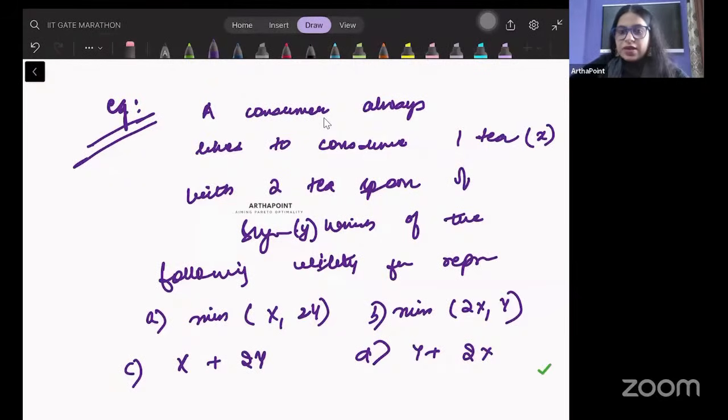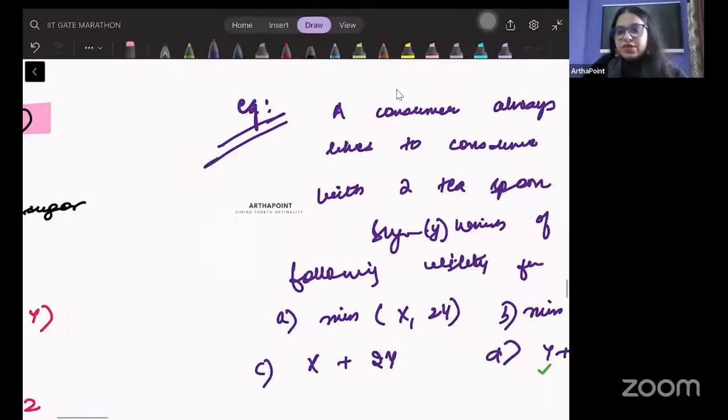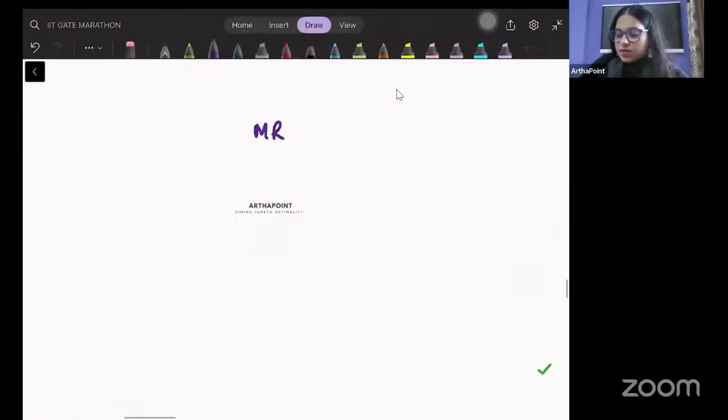Remember, PY will always be less than PX by PY. In whenever your MRS is less than PX by PY, you just have to check, put 1 here, check.